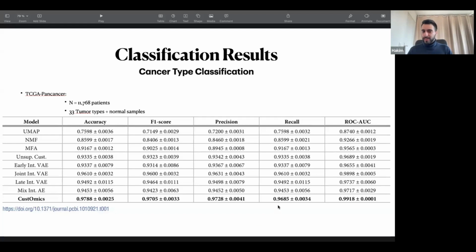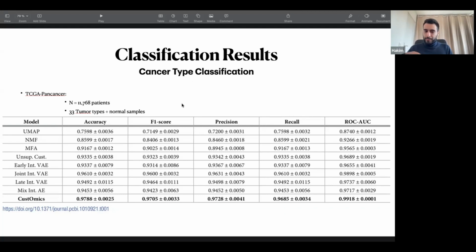The first one was a cancer type classification task where we took the entirety of the pan-cancer cohort of TCGA, with more than 11,000 patients, and we compared each type of integration strategy, and we showed that our method actually performed better than even the joint integration for variational autoencoder for this classification task.